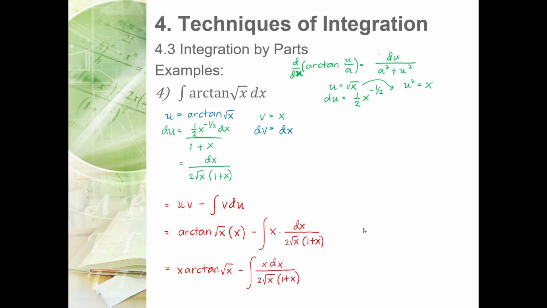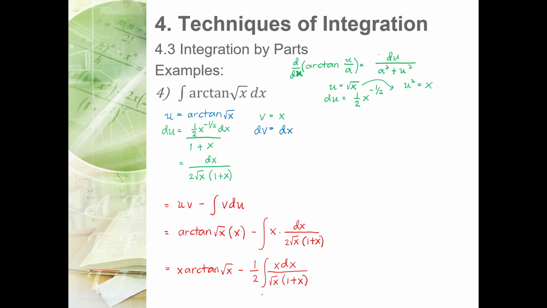If you don't want to deal with the 2 in the denominator, we can write this as 1/2, taking the constant outside, the integral of x dx all over square root of x times 1 plus x.